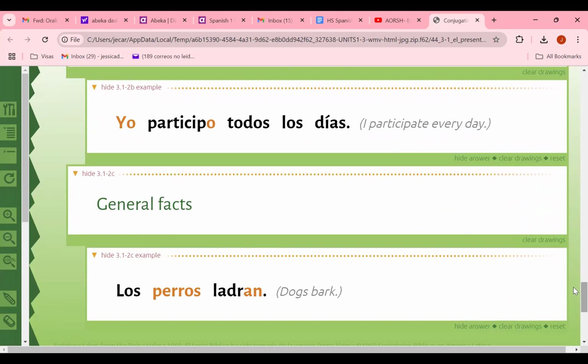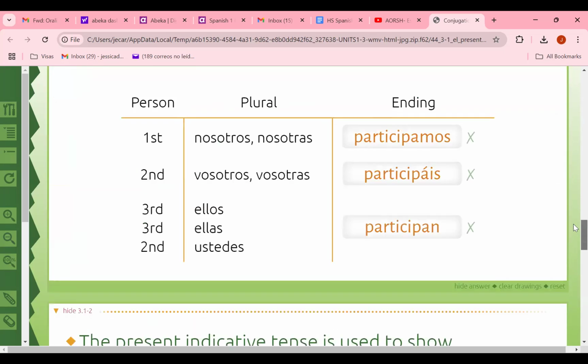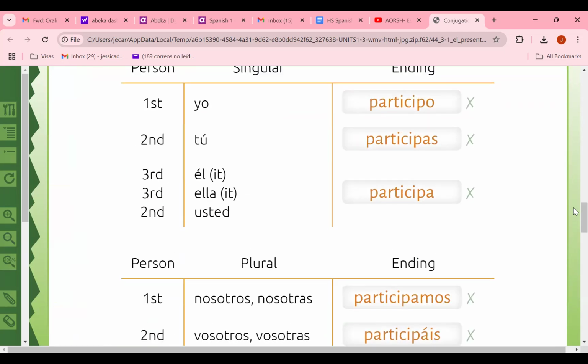Dogs bark. Notice perros will be ellos, and we change the AR, because the verb there is ladrar, to AN. Ladran. Los perros ladran. So that's the lesson part of section 3.1 on page 77.